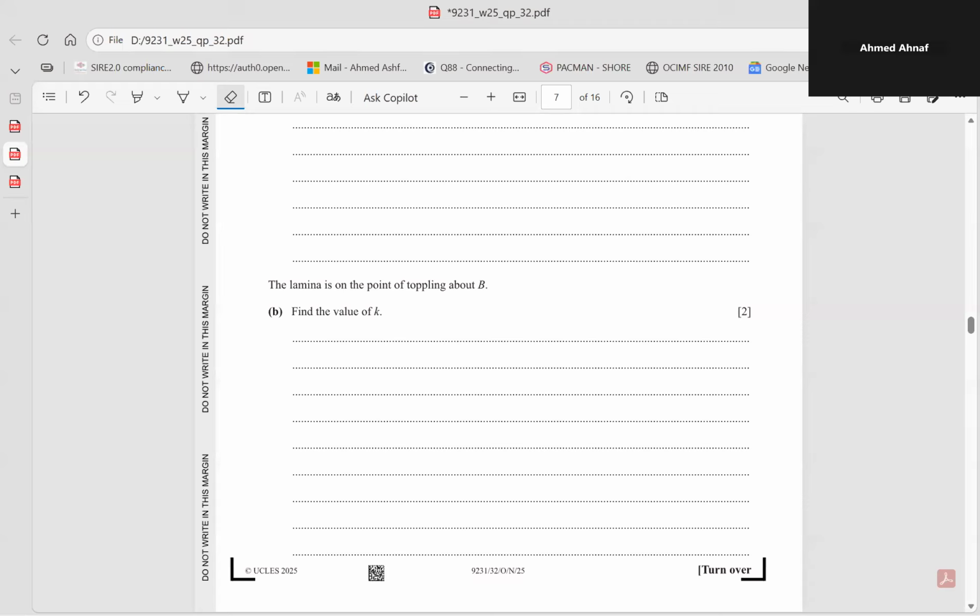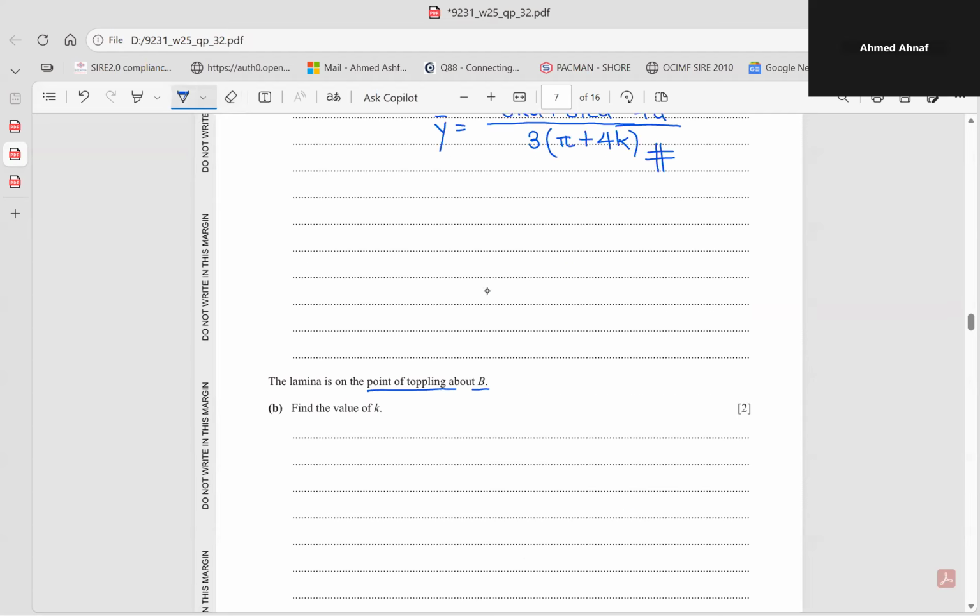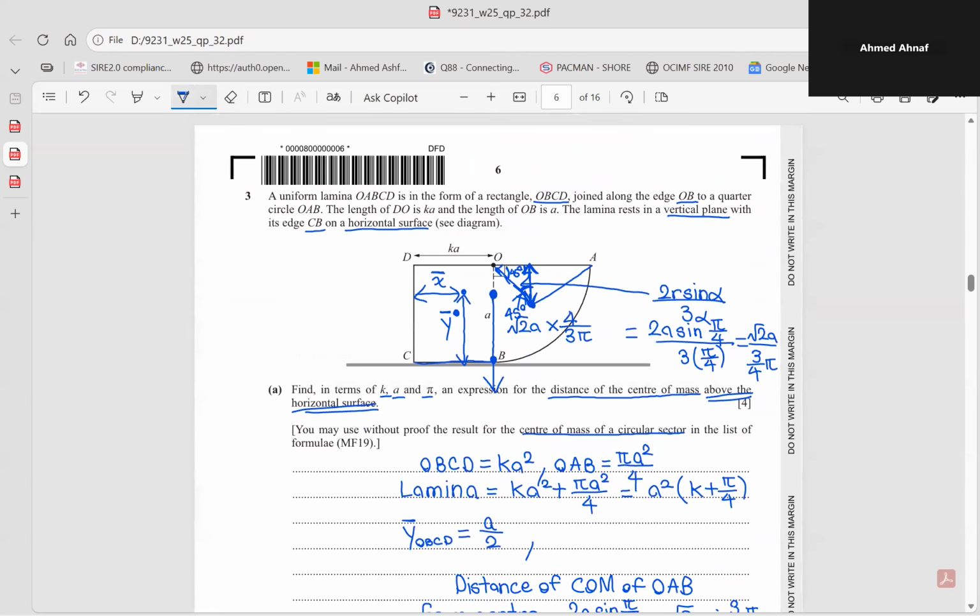For this last part, we are told that the lamina is on the point of toppling about B. So that means the line of action of the weight acting through the center of mass passes exactly through B. To find that out, we have to use the distance x bar, which is the distance from the center of mass to the edge CD.